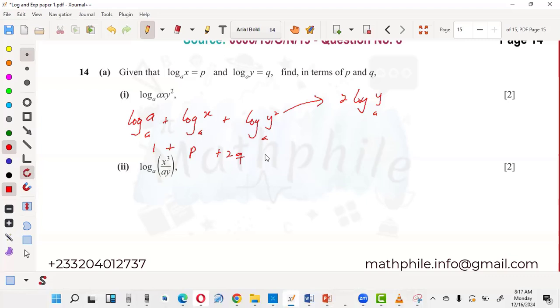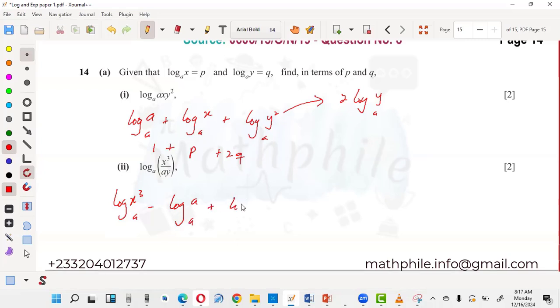So there's log x cubed base a minus log a base a plus log y base a. Okay, so this was a mistake I was suspecting, and you did it too.